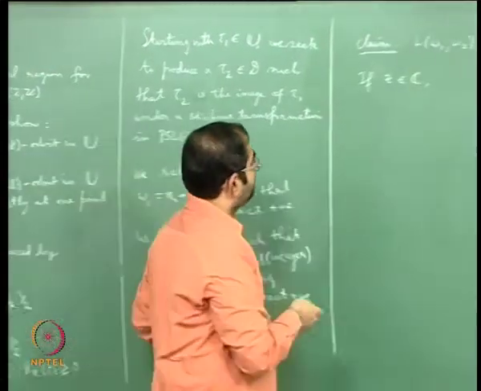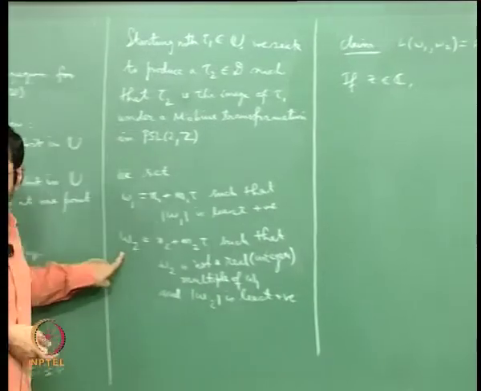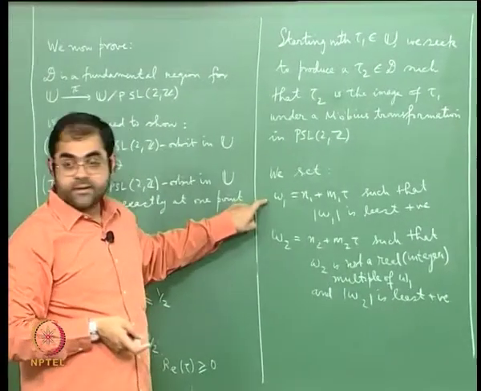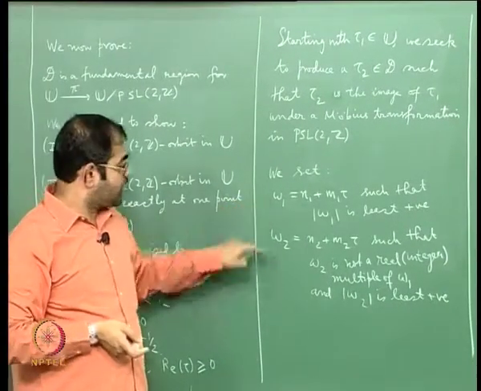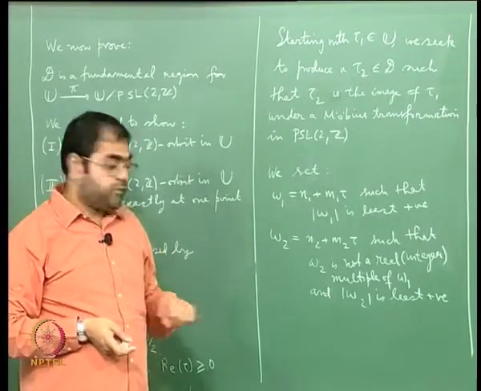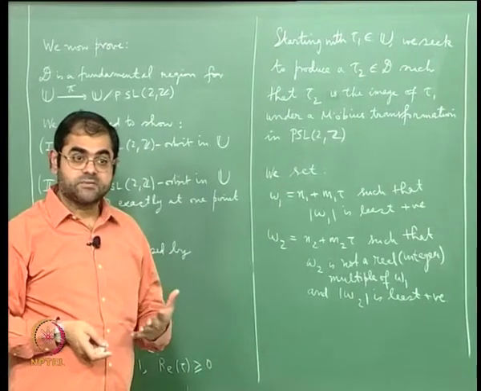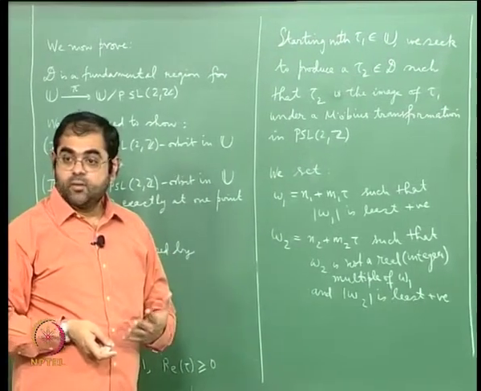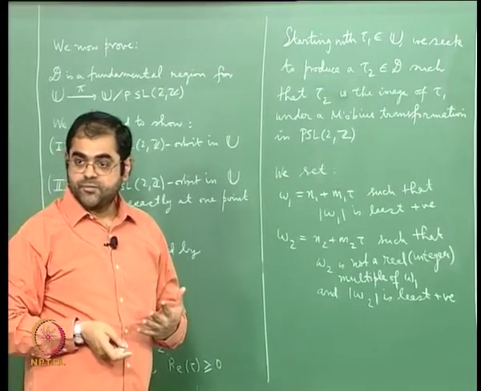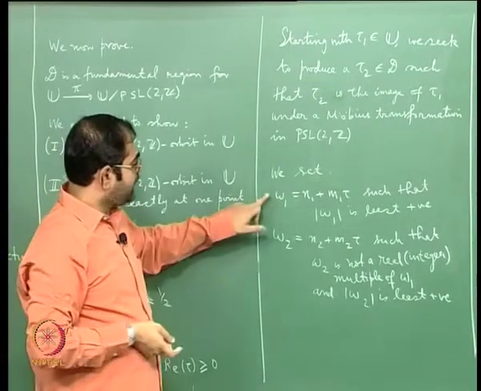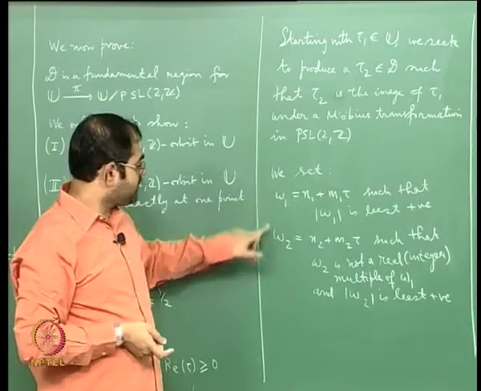Okay, so these are two complex numbers, one which is not a real multiple of the other. Therefore these two complex numbers will form a basis for the complex vector space C over the real numbers. Which means that any complex number can be written as a real linear combination of omega 1 and omega 2.